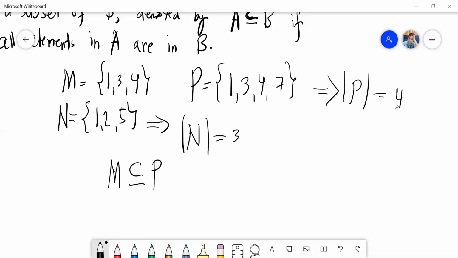Because the elements of N are 1, 2, and 5. P, on the other hand, contains only 1. It does not have 2 and 5. So there's no way to tell us that N is a subset of P. So we denote the symbol that means it's not a subset. That's it.